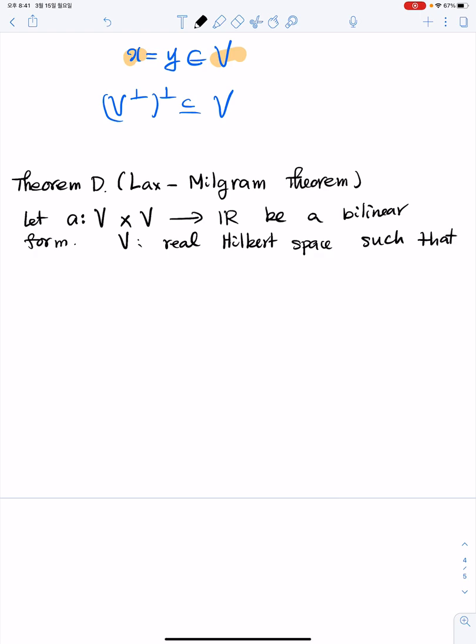The first condition is that A is continuous. What does it mean for the bilinear form to be continuous?